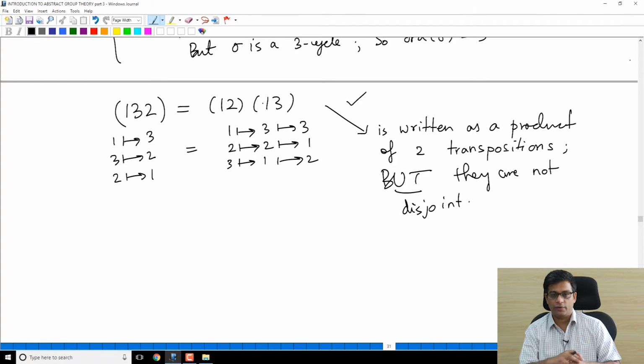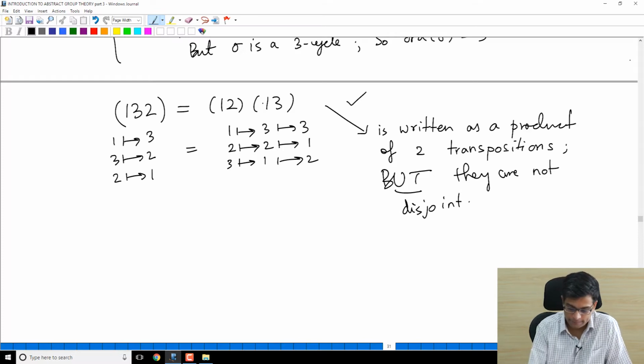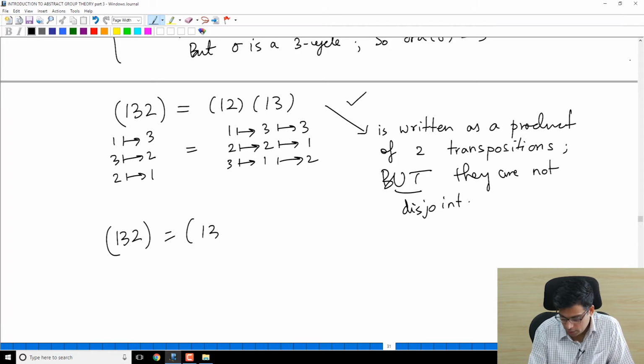It is not at all difficult to show that, because they are disjoint cycles. You can't have another decomposition into disjoint cycles. However, because we are not restricted to disjoint transpositions, this product into transpositions is not unique. So (1 3 2) also happens to be another product of transpositions.